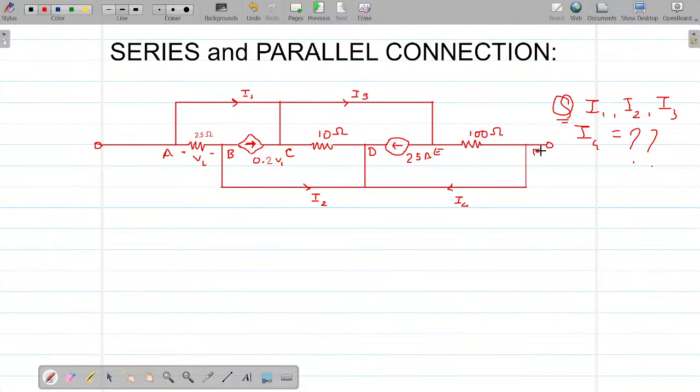Now look closely and tell me, are A and C at the same potential? Are A and C at the same potential?